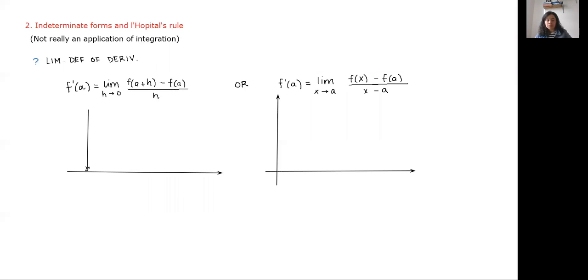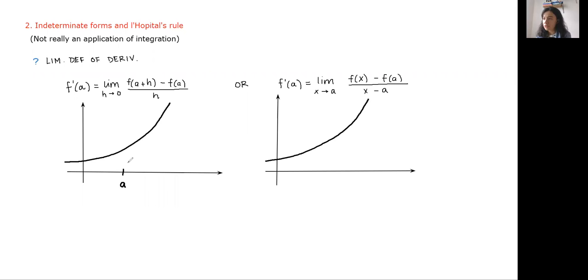All right, so these two things are equivalent. It just depends on how you define a and h and everything. So in the first one, we have a function, maybe that looks like this. In the second one, we have a function that looks like this. In both of them, we have the point a over here with f of a. In the first case, we say that we're looking at the derivative as the limit as we dragged a certain point over here.